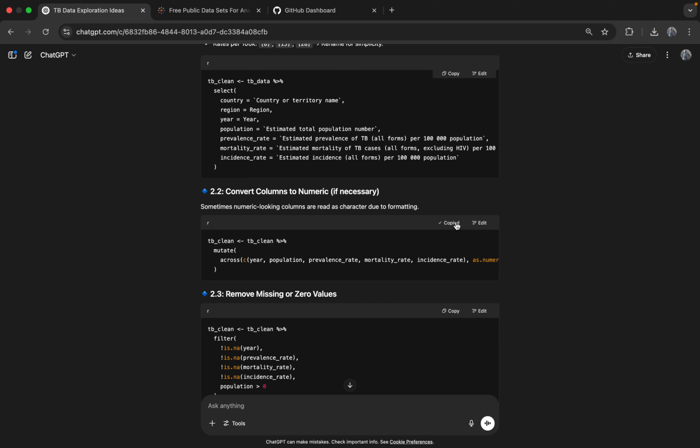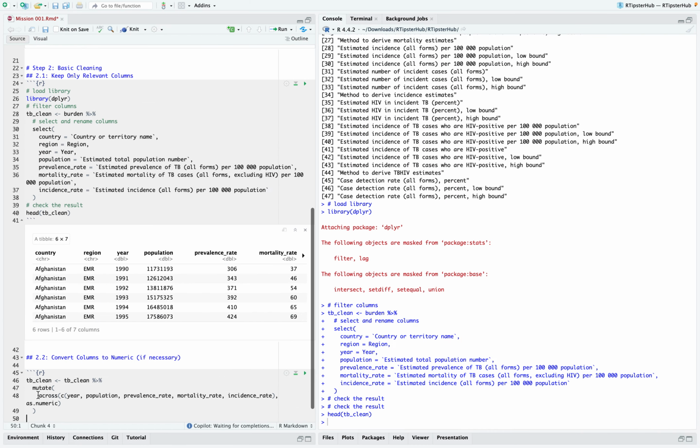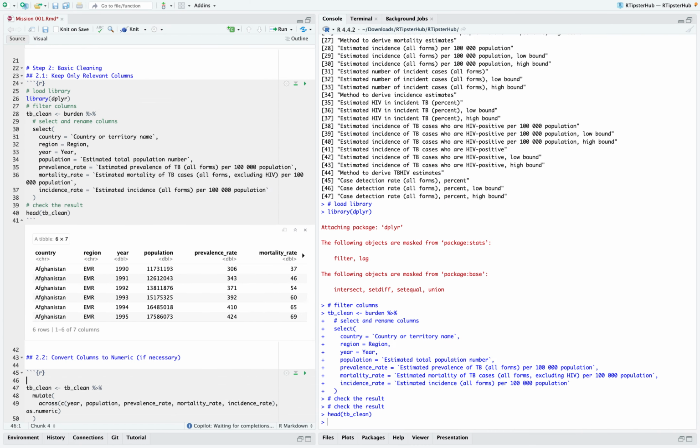Sometimes numeric columns are read as character due to formatting. So we are converting columns, and this most of the time goes to your judgment.